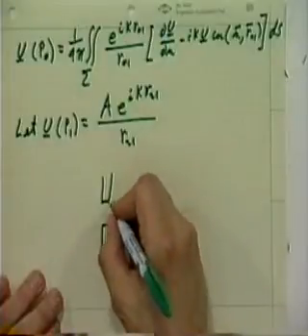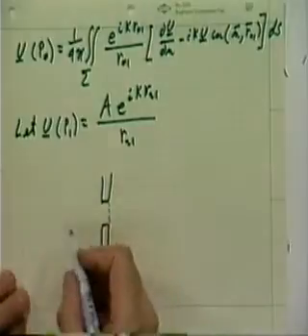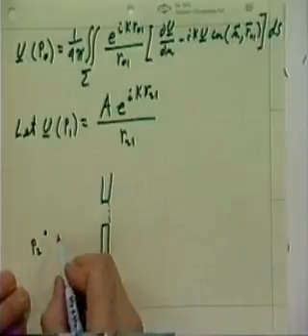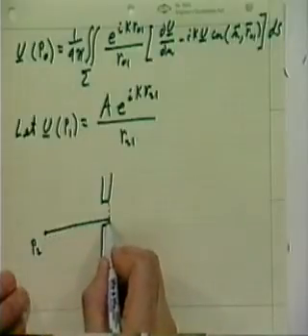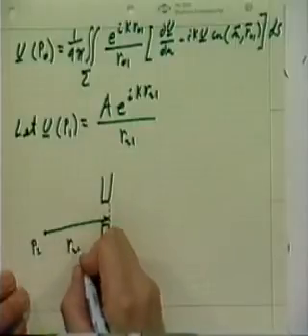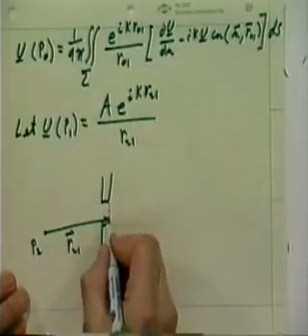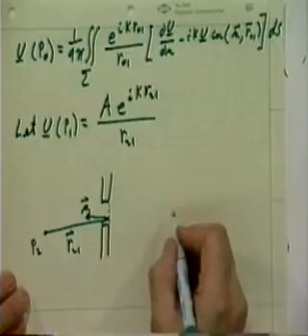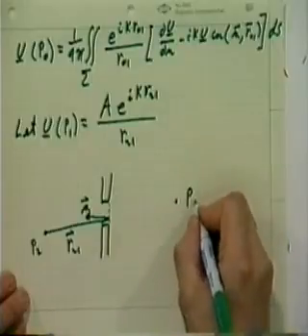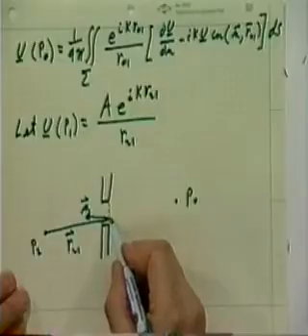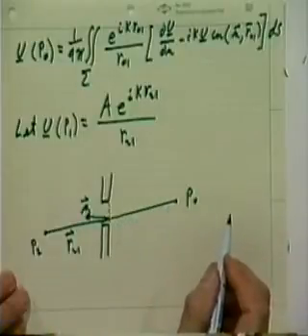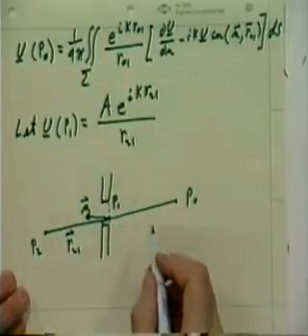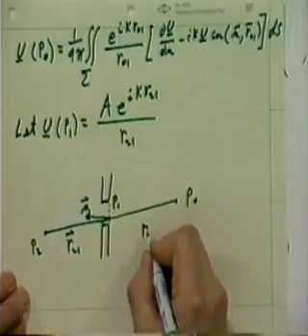And so we're illuminating this with a spherical wave from some point P2. And so that's our R21. And we have an outward normal here, n. And point P naught is over here someplace. And this point right here that we're looking at is point P1, and this distance here then is R01.